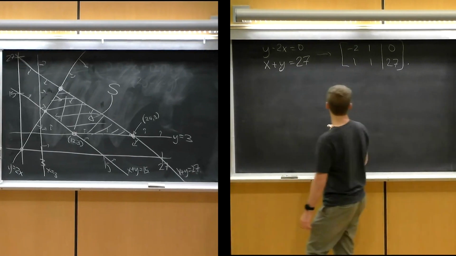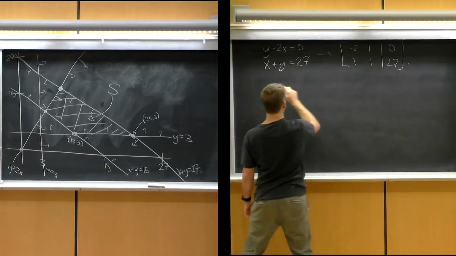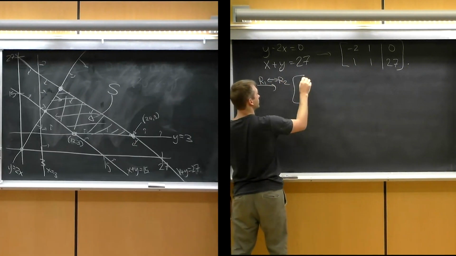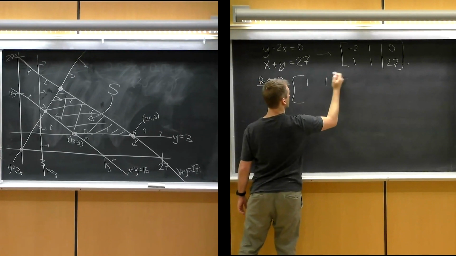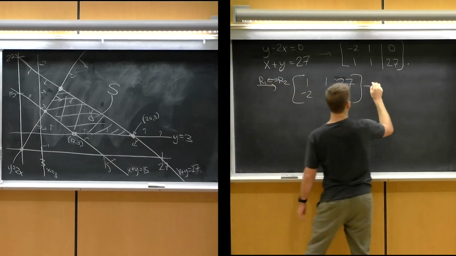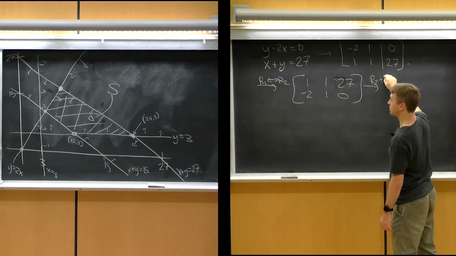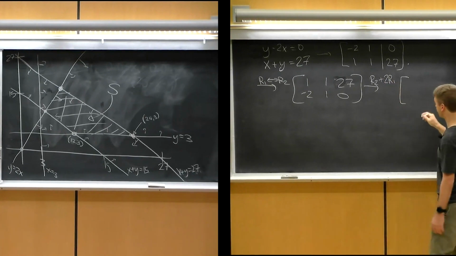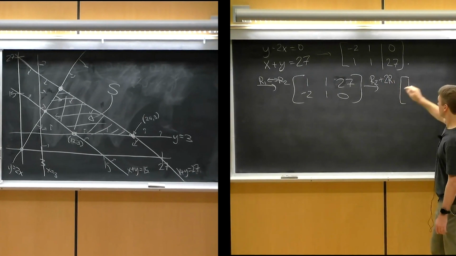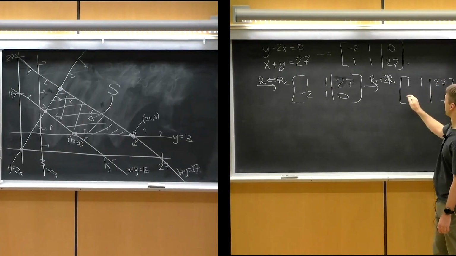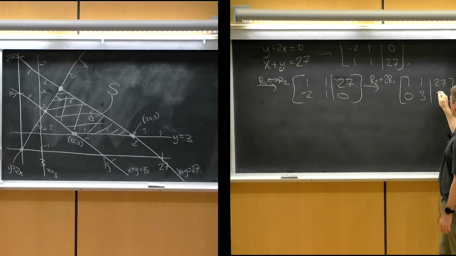Okay, and then I probably did this in a silly order, so let's switch these around. Row 1, switch with row 2. Row 2 plus 2 row 1. I guess, right?